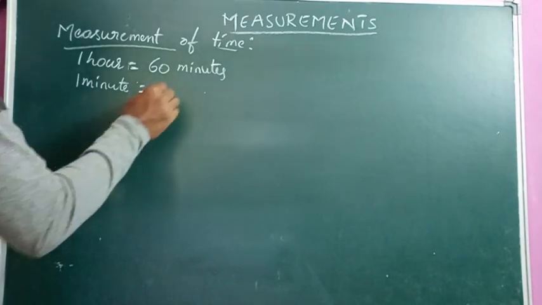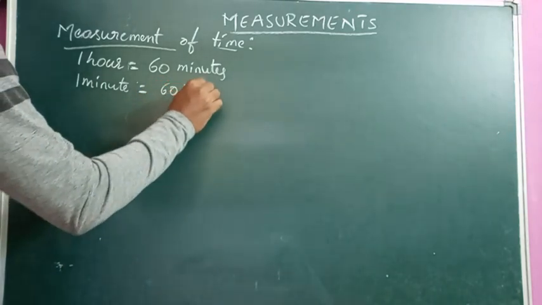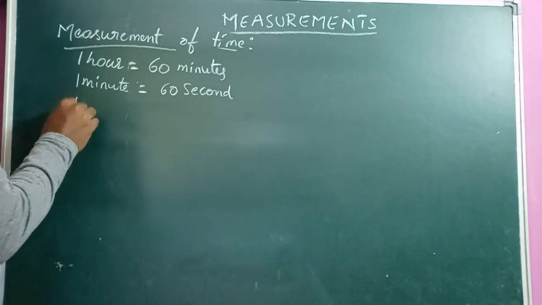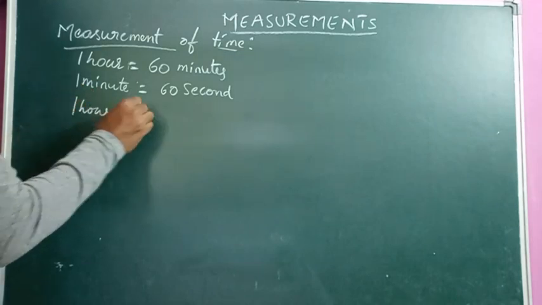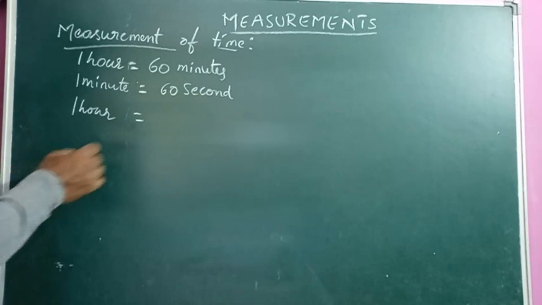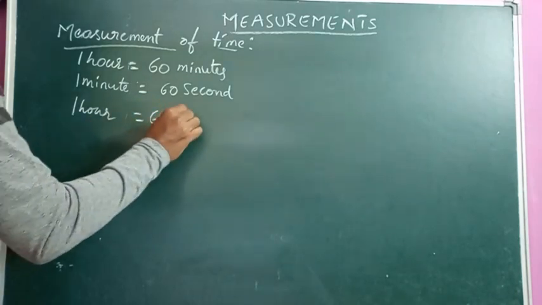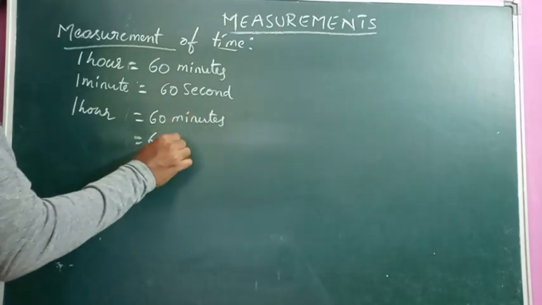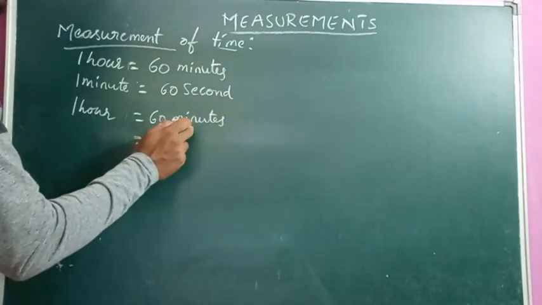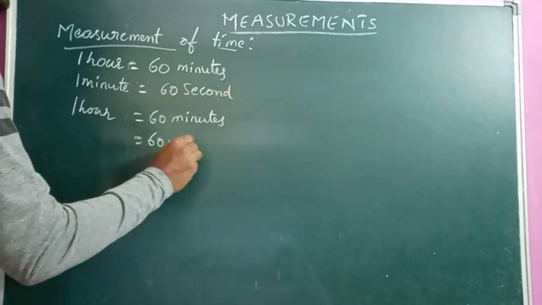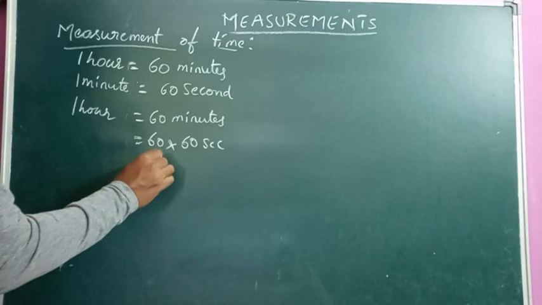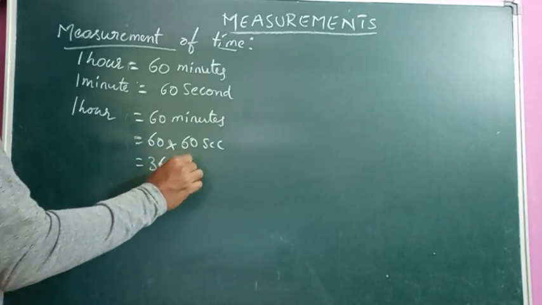So 1 hour is equal to how many seconds? 1 hour is equal to 60 minutes, so 60 into 1 minute, and 1 minute is 60 seconds. 60 into 60, 3600 seconds.